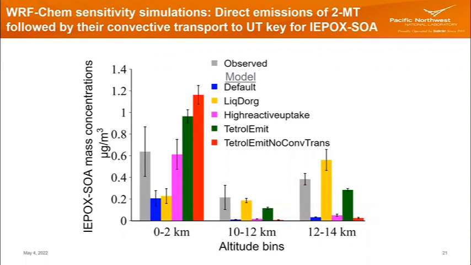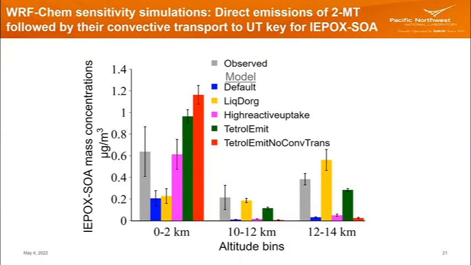And then the red line is when you still have emissions of methyl tetrals, but you turn off the transport of tracers, because deep convection is transporting all the tracers to the upper troposphere. In the model, you could still have deep convection on, but turn off the convective transport of tracers. Once you do that, in the red line you see that again in the upper troposphere, you cannot explain IPOX SOA.